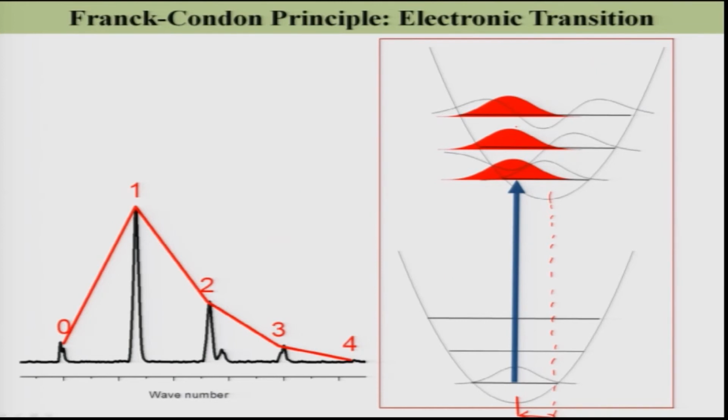In this case, you see this overlap is most intense over here, because ultimately this wave function I have to square. So, this has the most overlap in this case. So, the 0 transition is the most intense transition.